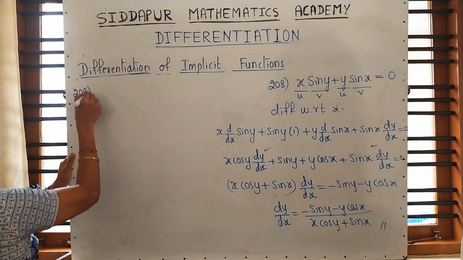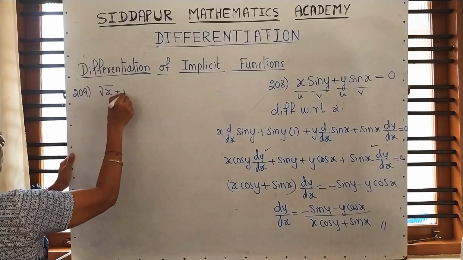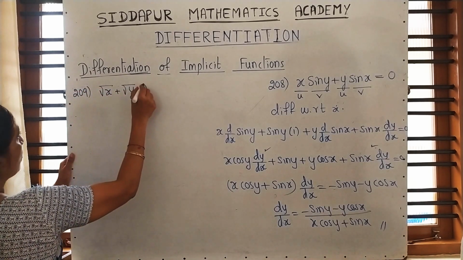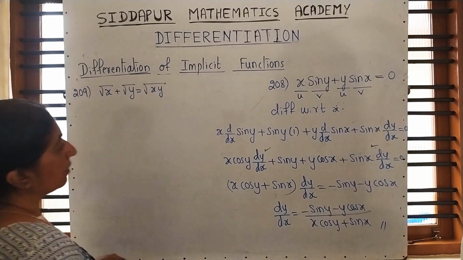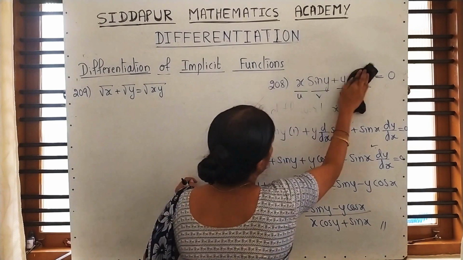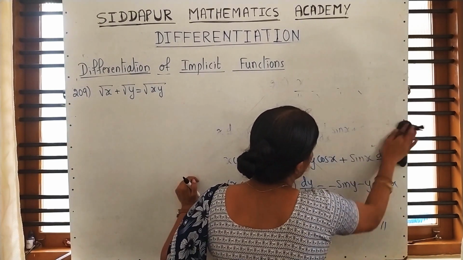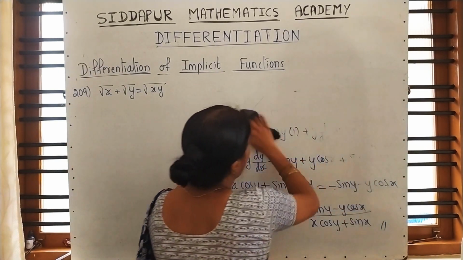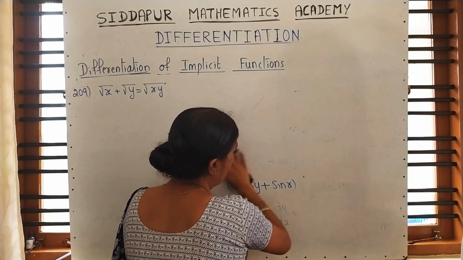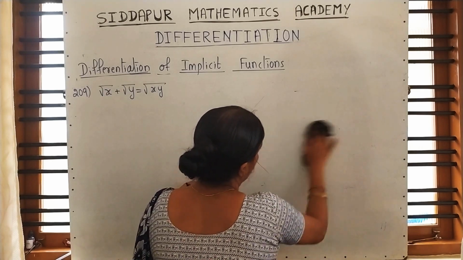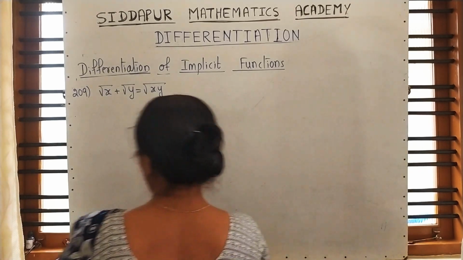Question number 209. Root x plus root y is equal to root of xy. So first they look like in the form of root. What is the differentiation of root x? 1 by 2 root x. Then as we did in the composite differentiation, derivative of composite functions.